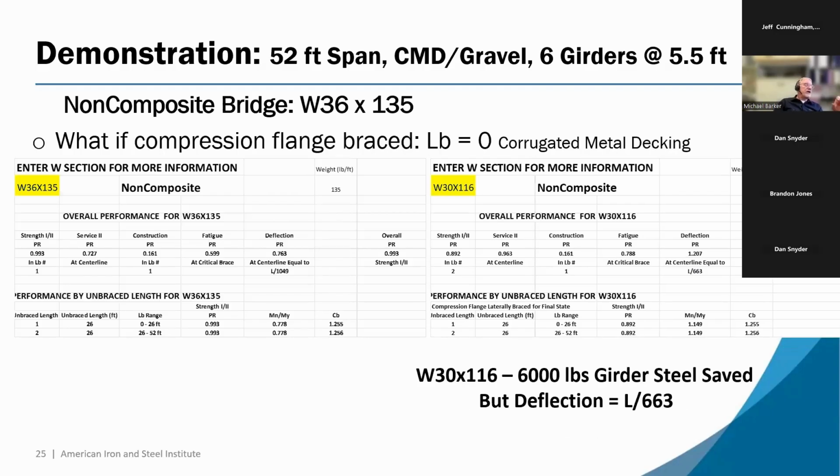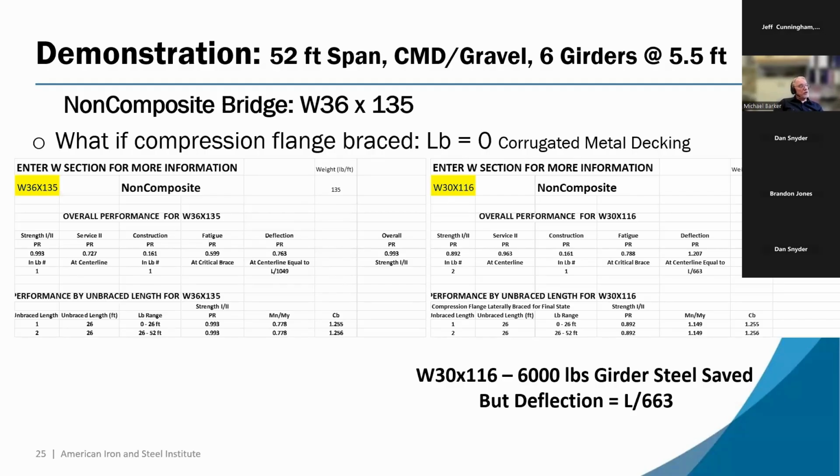Or how about if we say, when we build this thing, we are going to attach it to the top flange. So my unbraced length is really 0 because of the corrugated metal decking. On the left's the original again, 36 by 135. And on the right is the one that is the least weight for the braced flange.